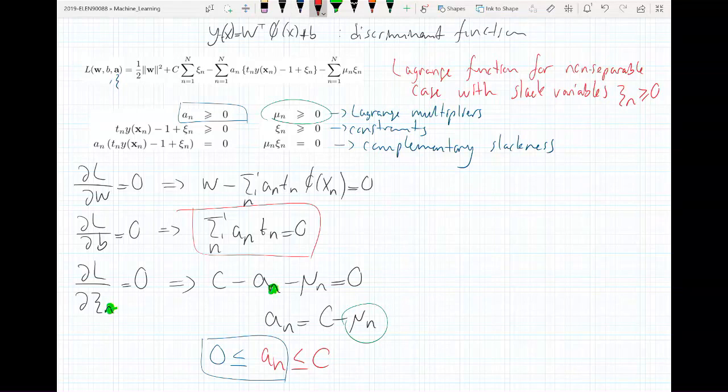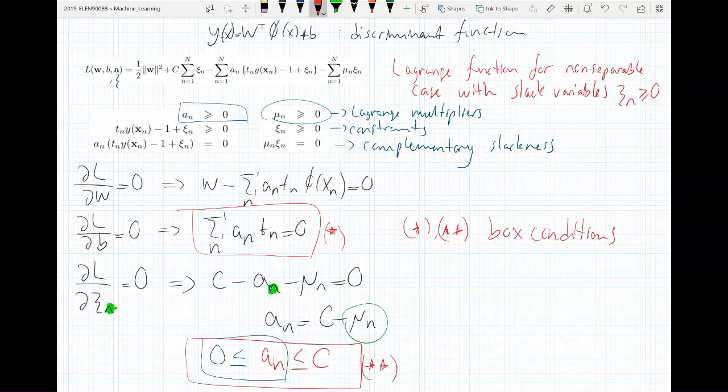I ended up with a n less than or equal to C because I subtract mu n out of that. So that's the second part. These two are my so-called box conditions.